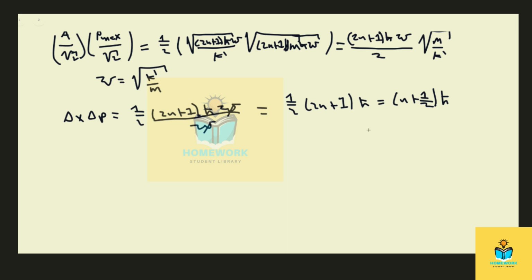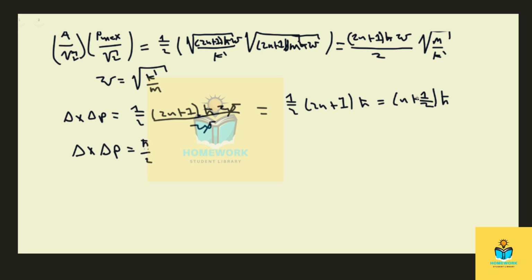So to keep it in the form of the uncertainty principle, the standard uncertainty principle, delta x delta p is equal to h bar over 2.